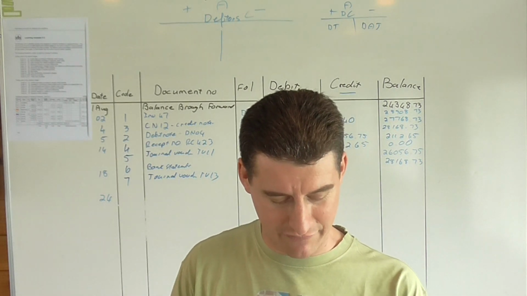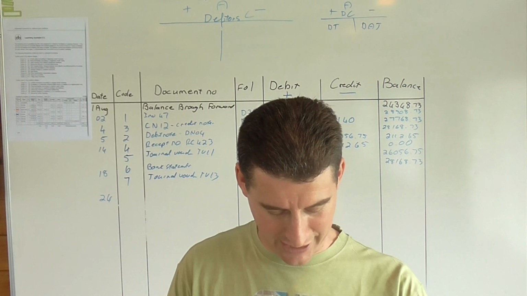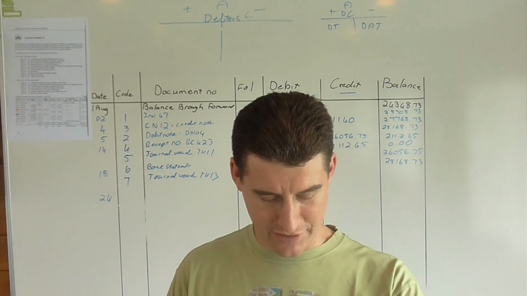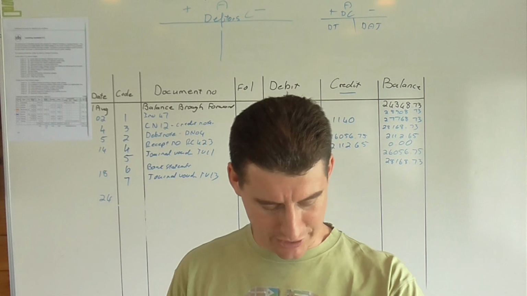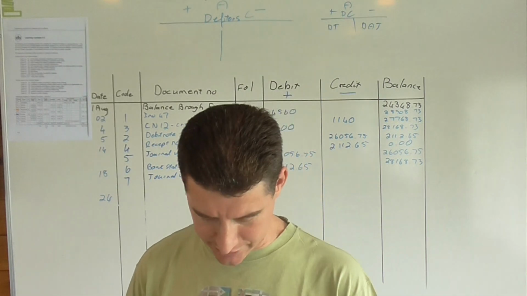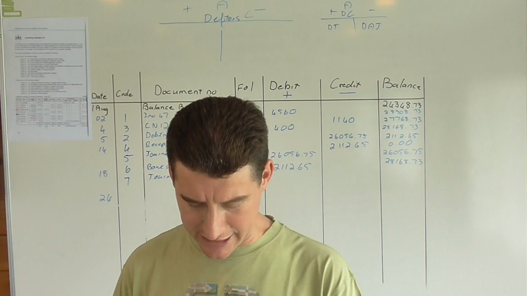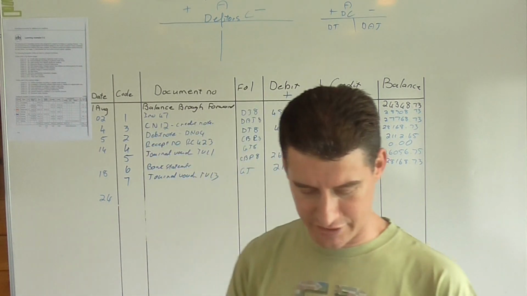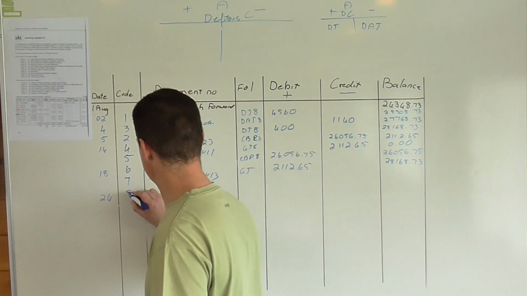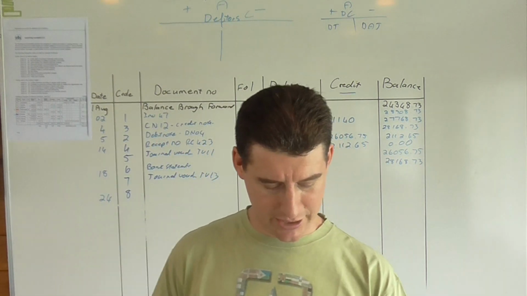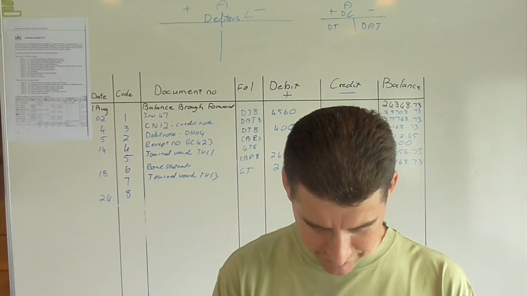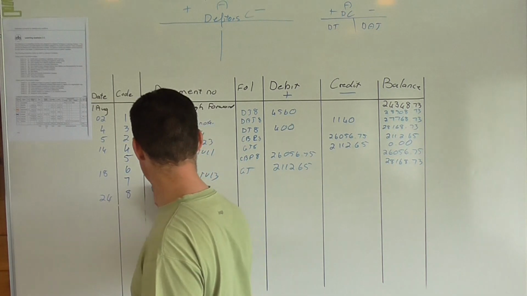So JV 18 was issued for that. So first of all, we are charging interest. Let's just see which code. Code number 8, interest charged on overdue accounts. Then that'll be journal voucher. What did they write here? JV 18. So let's just write this in.